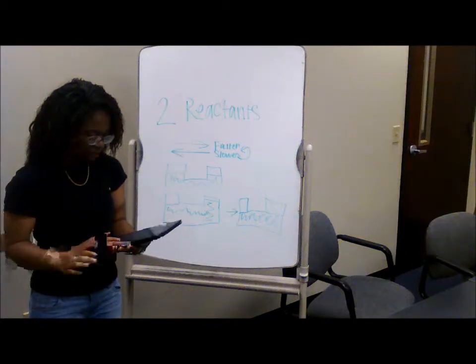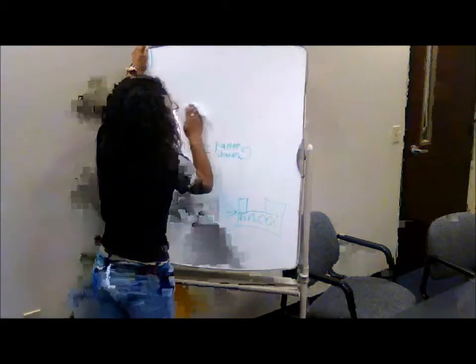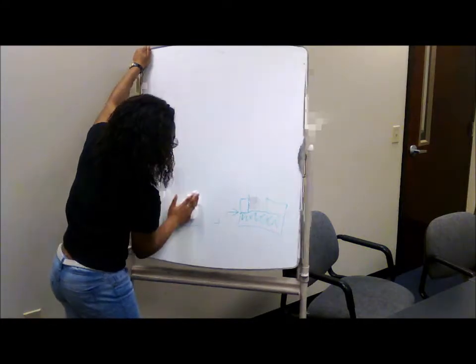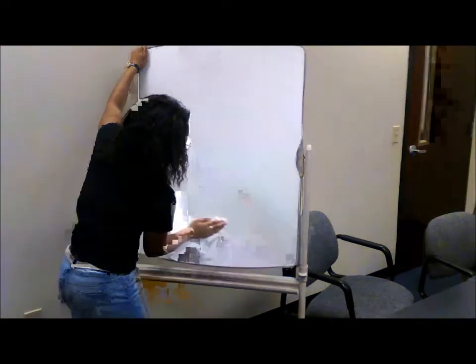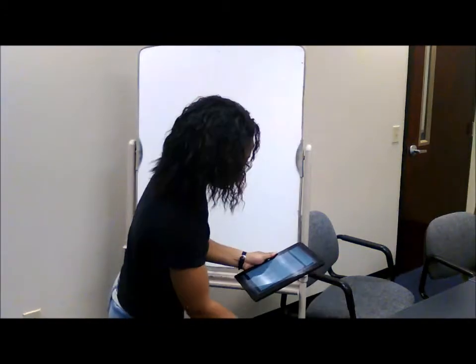Now, I am going to give you all a question. It comes from chapter 10, number 2.1, just so you can understand what exactly an equilibrium is. Here we have the rate of a forward reaction.